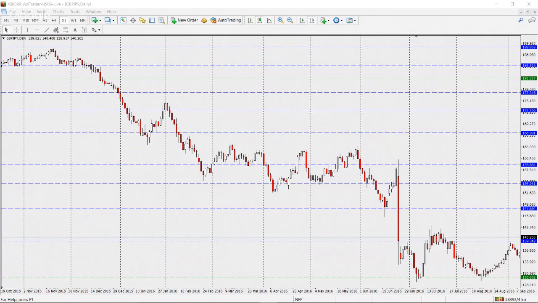What I'm saying is that the most common mistake when using support and resistance levels on the chart is to draw too many. I rarely see a trader send me a chart where they've drawn too few. They're much more likely to draw too many. So if that's the case, one way to get away from that and draw only the very important ones is to go to the higher time frame.